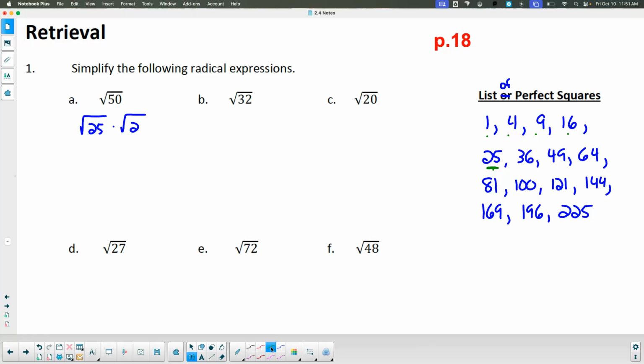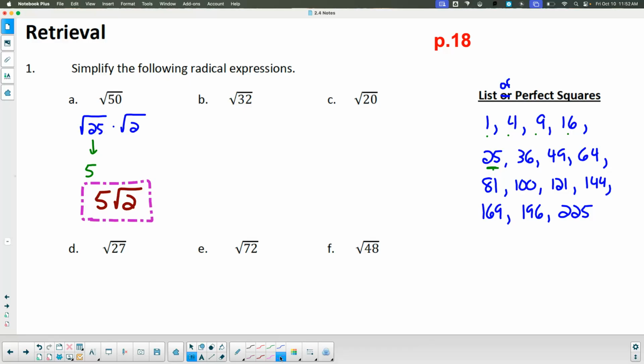So this would become an outside 5. 2 is not on my list, so that's not a perfect square, so it stays inside. So the simplified radical expression would be 5 square roots of 2. So that is one way of thinking of how to simplify radicals. But you've got to know your list of perfect squares.